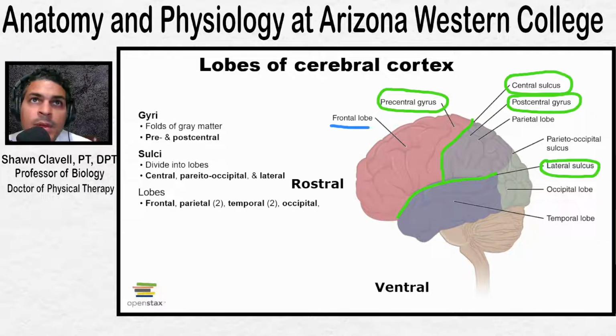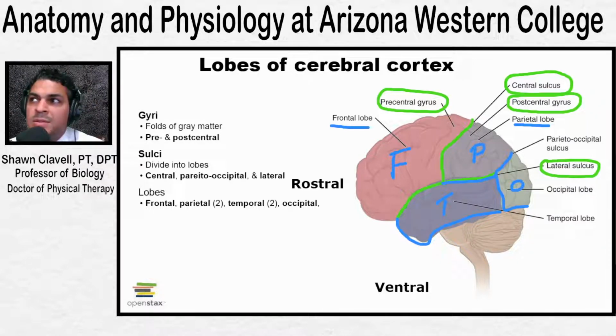The parietal lobe is divided by the central sulcus and the parieto-occipital sulcus, as well as the lateral sulcus here, the occipital lobe, and then obviously the temporal lobe as well. So we'll put a T there, the O, the parietal lobe, and then the frontal lobe here.